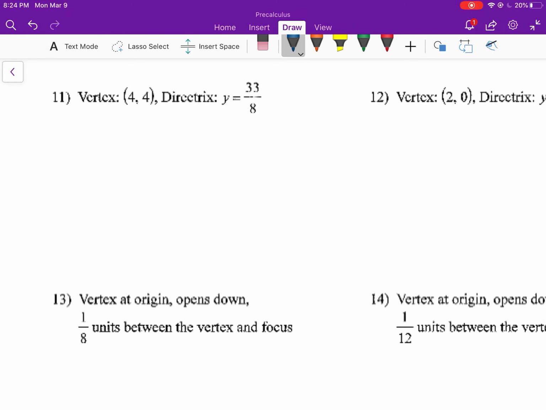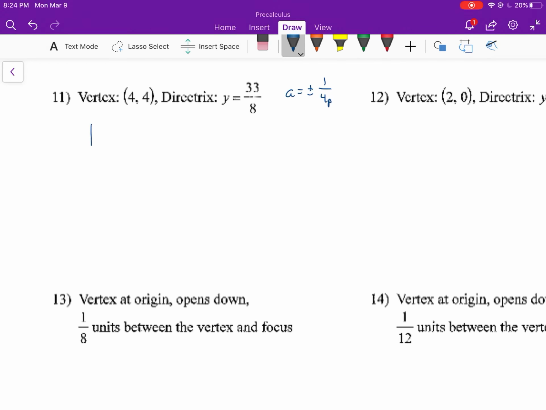Number 11. We have to think through just the information we have. We want to write the equation of a parabola again. So remember, a equals plus or minus 1 over 4p, depending on if it opens left, right, up or down.